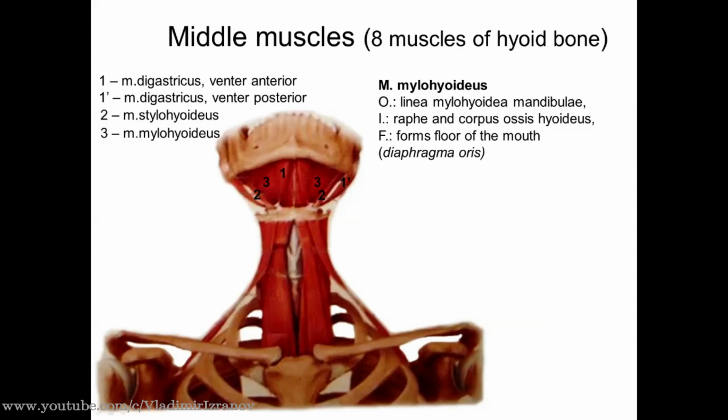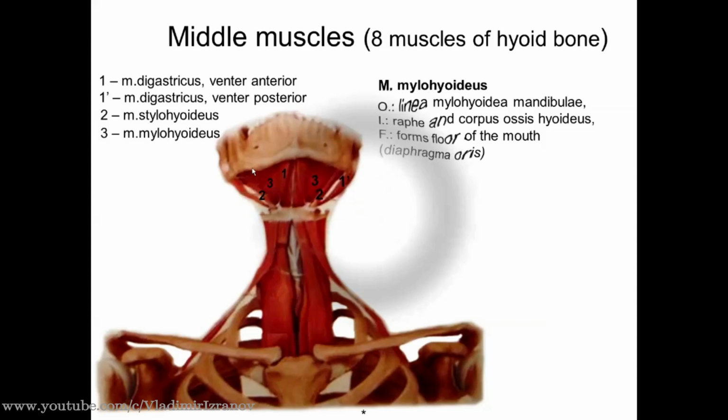If we cut or penetrate this diaphragma, we will be in cavitas oris, the oral cavity, where, for example, the tongue is placed. So the function is forming of diaphragma oris. And now we continue.